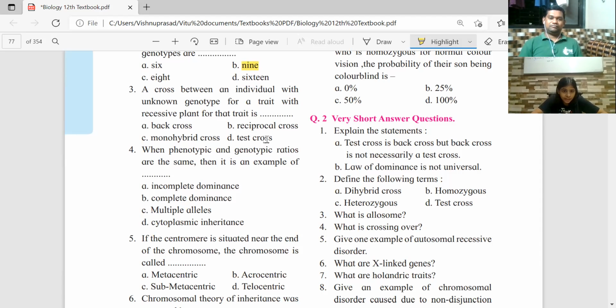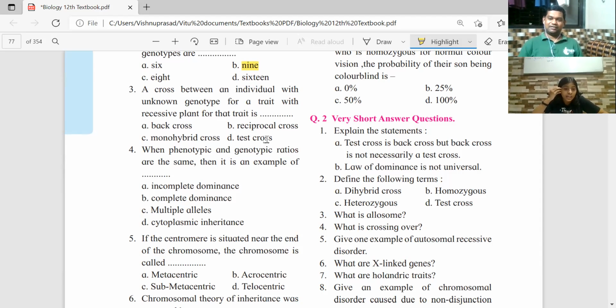Third one: a cross between an individual with unknown genotype for a trait and a plant with the recessive trait.